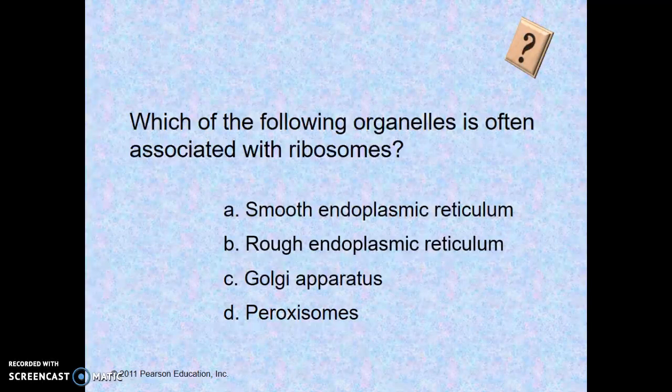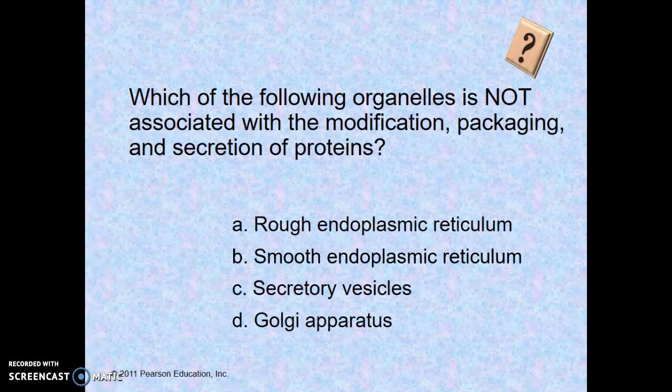Which of the following organelles is often associated with ribosomes? Rough ER, for the production of proteins for export. Which of the following organelles is not associated with the modification, packaging, and secretion of proteins?